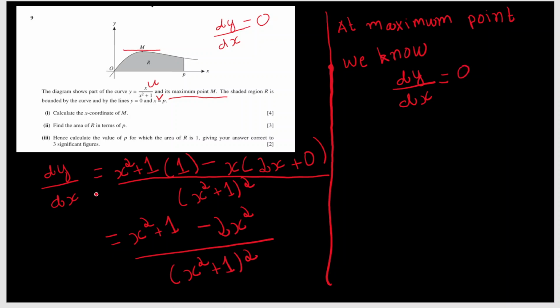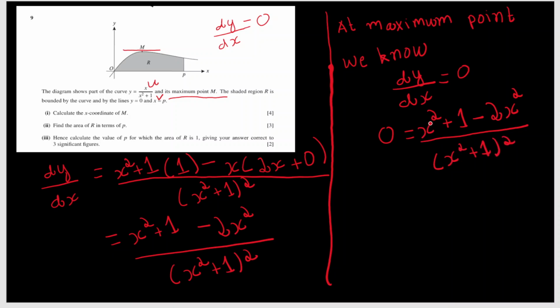So dy over dx is going to become 0. So 0 is equal to x square plus 1 minus 2x square, and then we have x square plus 1 whole square.